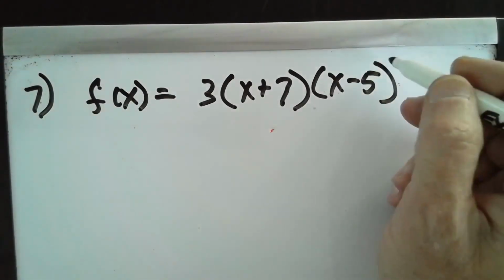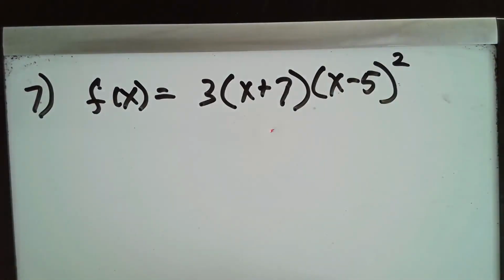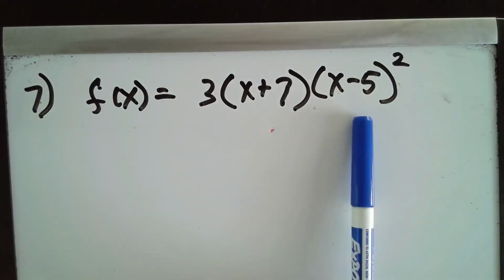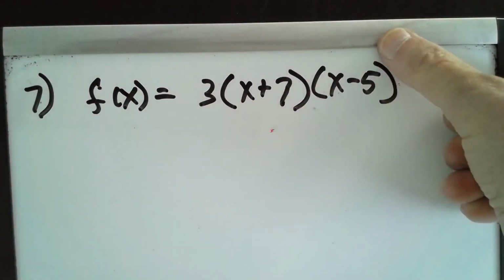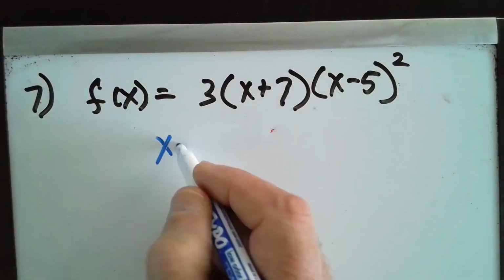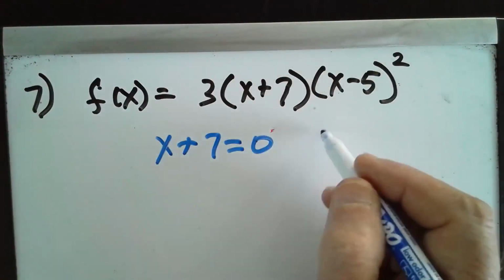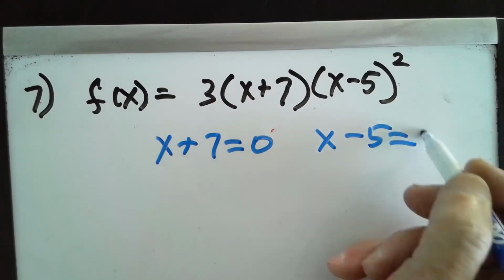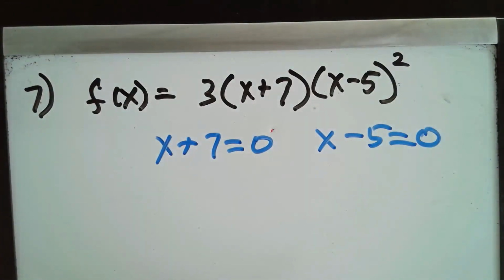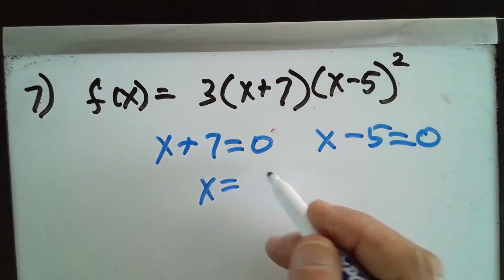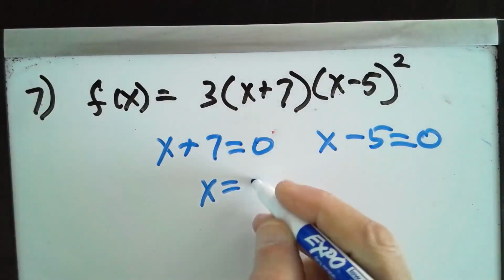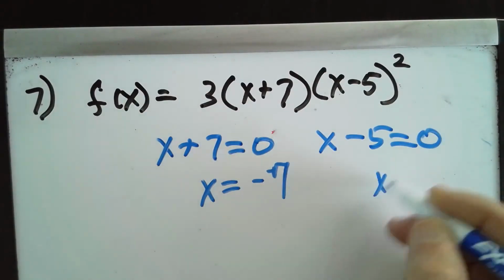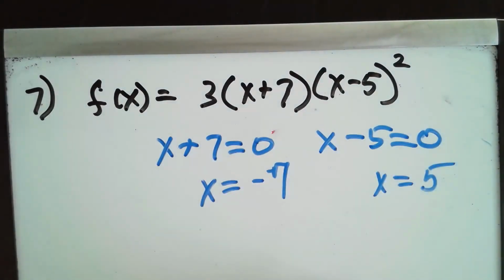So we don't write it twice, we just put a square. Just like finding the x-intercepts or the zeros for a polynomial, we set each factor equal to 0 and solve, right? So we get x equal what? Negative 7, and x equal to 5, right?